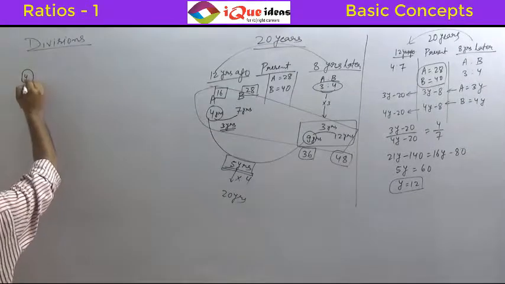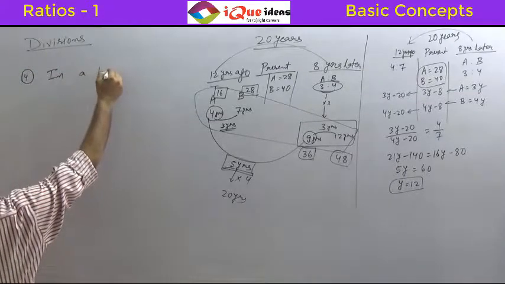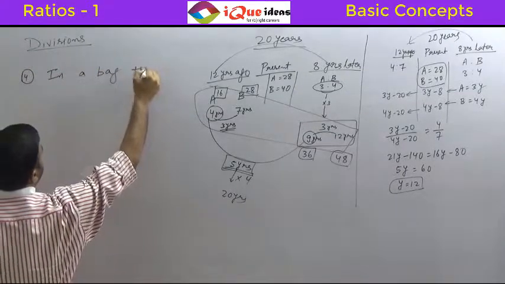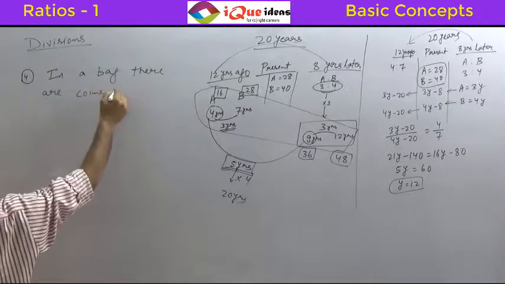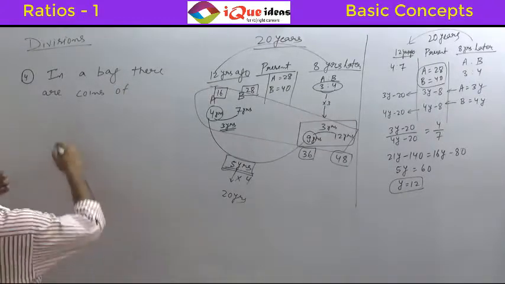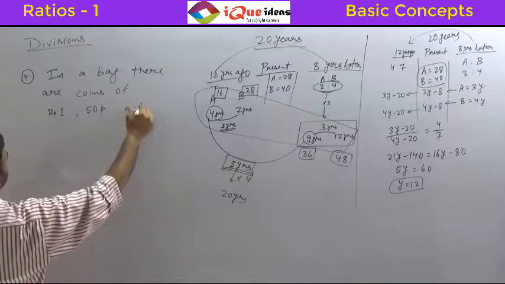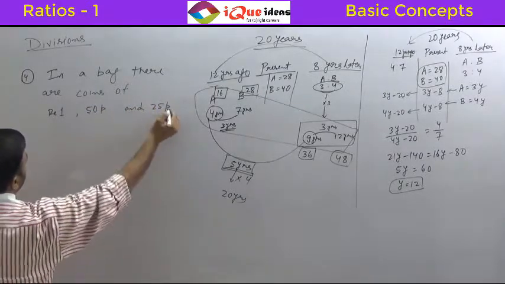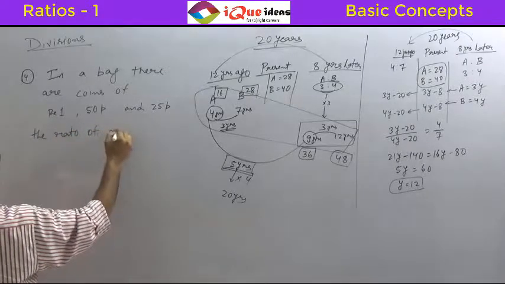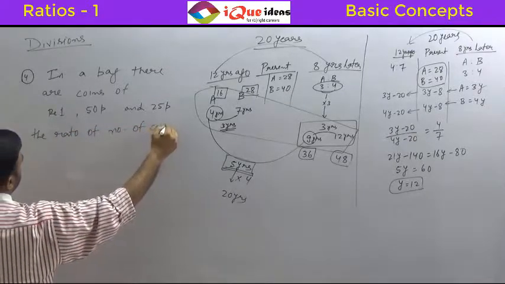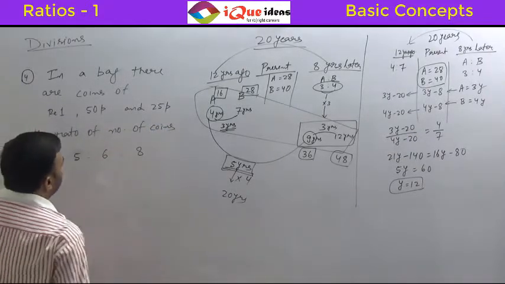Fourth question, fourth application. In a bag, there are coins of 1 rupee, 50 paisa and 25 paisa. The ratio of number of coins is 5:6:8.